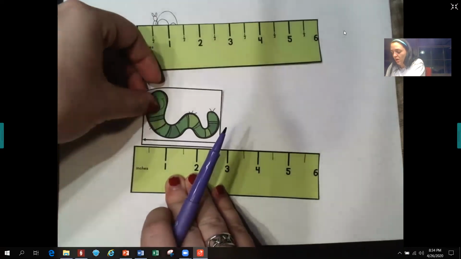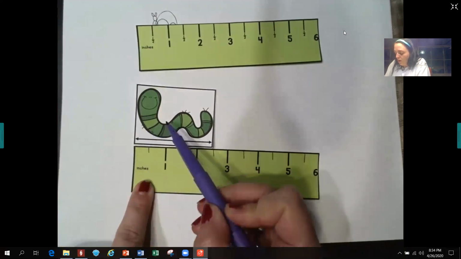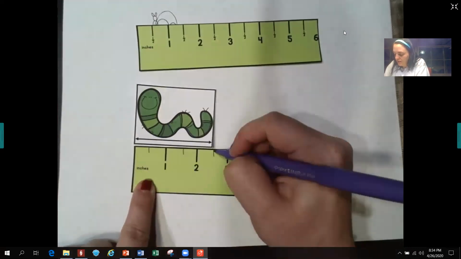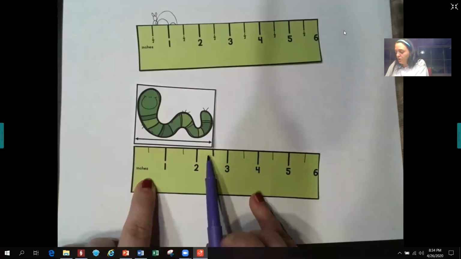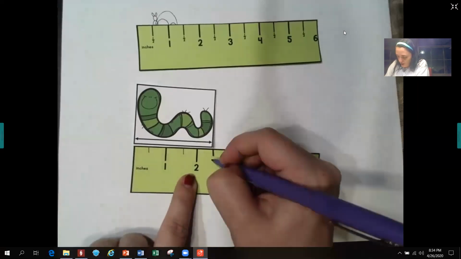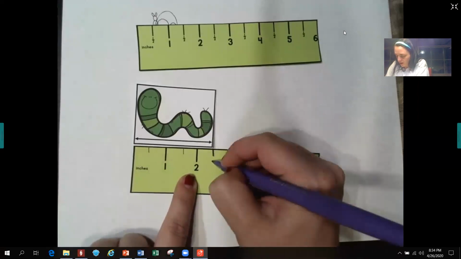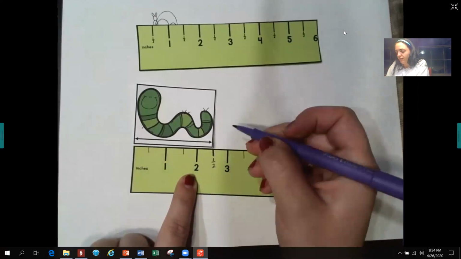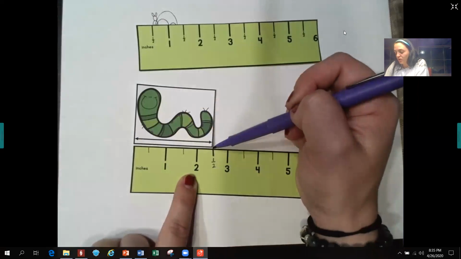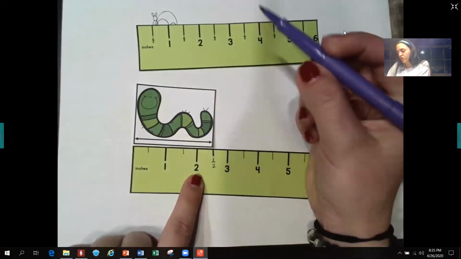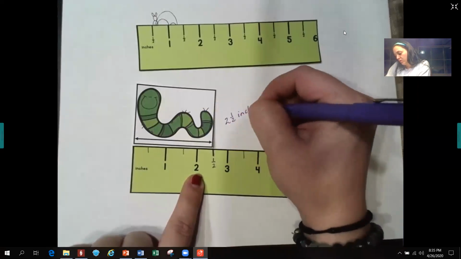You must start it all the way at the edge. So here's my start point, and all the way over here is my end point. I ended right here. And this tally mark is in between 2 and 3. So I know that this whole inch is partitioned into 2 equal pieces, so I can label that 1/2. So I can say that my inchworm is 2.5 inches long.